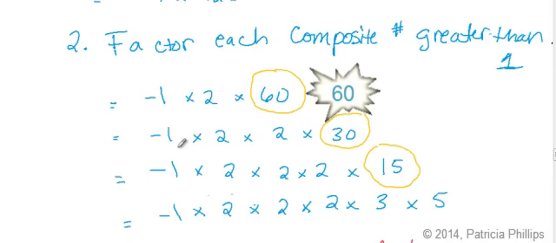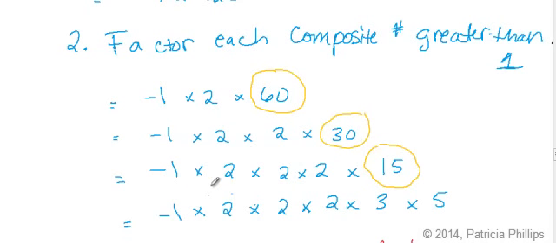So you just write that negative 1 down. You're not going to break that up. So you just write it down because it's a part of getting the answer to be a negative in the end. And you see if you can break that 60 down, and you can do that. Negative 1 times 2 times 2 times 30. Can you break that down any further? Yes, you can break down the 30 into 2 times 15. So let's see what we have.